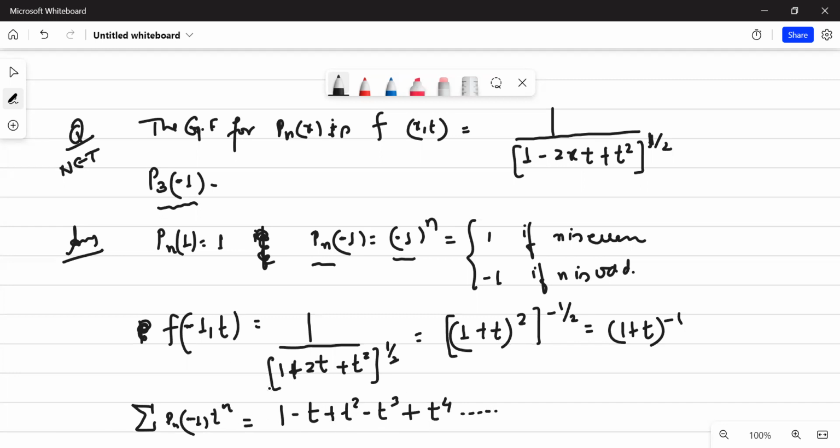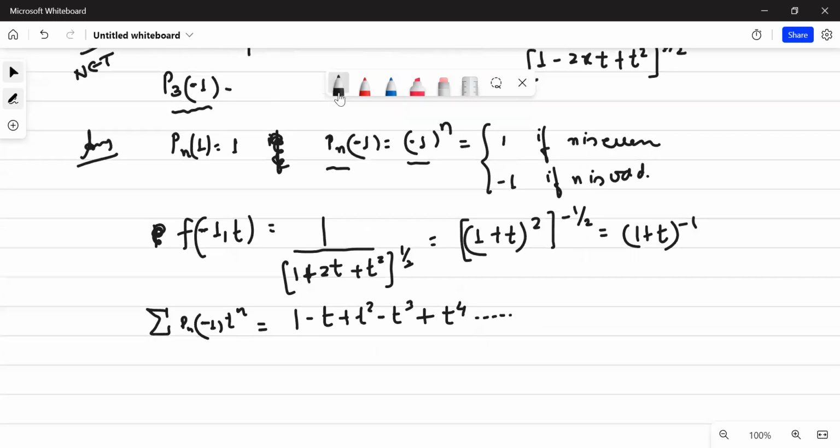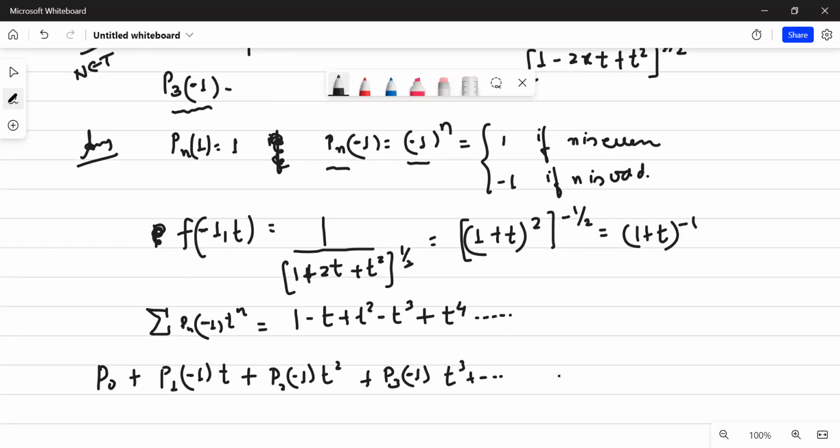And you can compare on both sides. That is P0 plus P1(-1) t raised to power 1, P2(-1) t raised to power 2, P3(-1) t raised to power 3, and so on, and here you have 1 minus t plus t square minus t cube plus t raised to power 4.